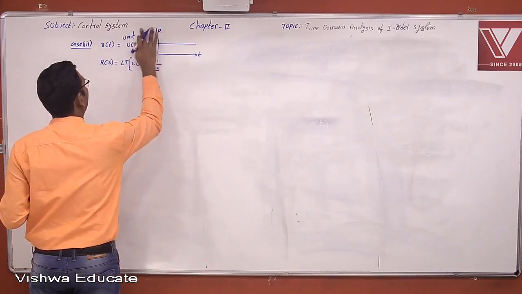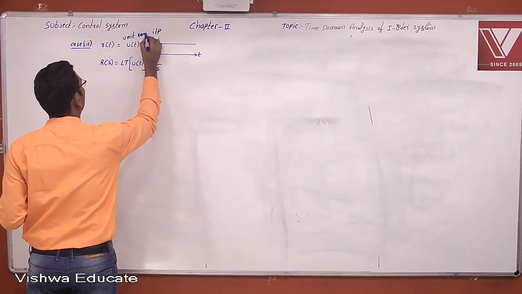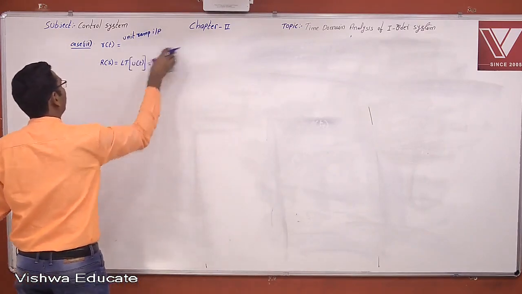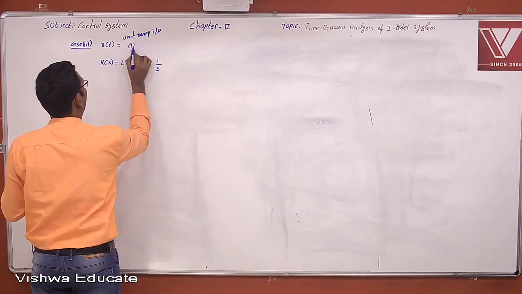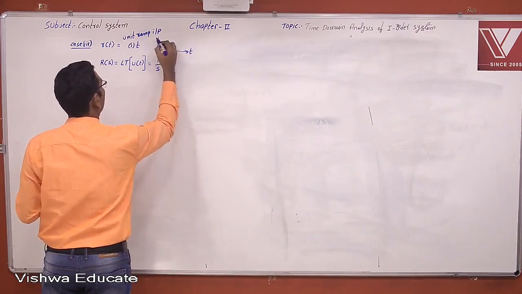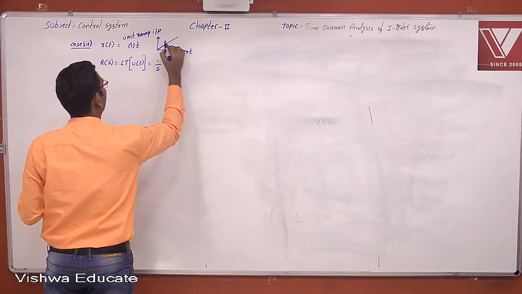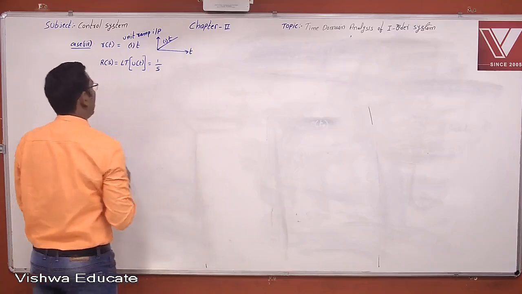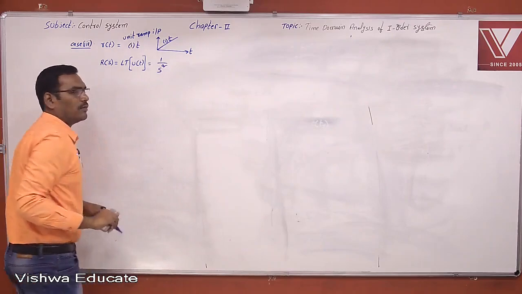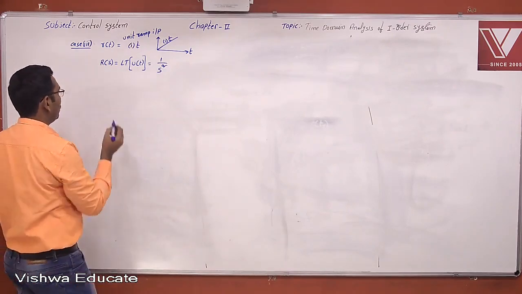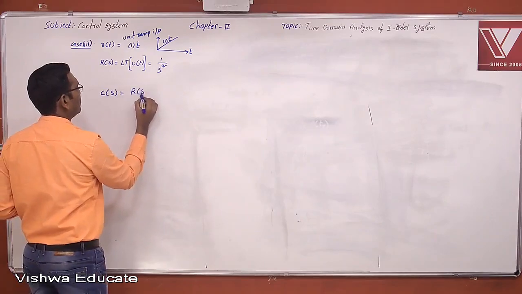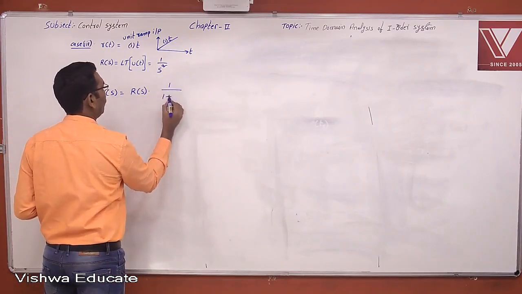Now unit ramp input. R of t is equal to 1 into t. This is the linearly varying input, which is an unbounded input. Slope is 1 unit. Therefore R of s is 1 by s square. Now C of s is equal to R of s into 1 by 1 plus tau s.